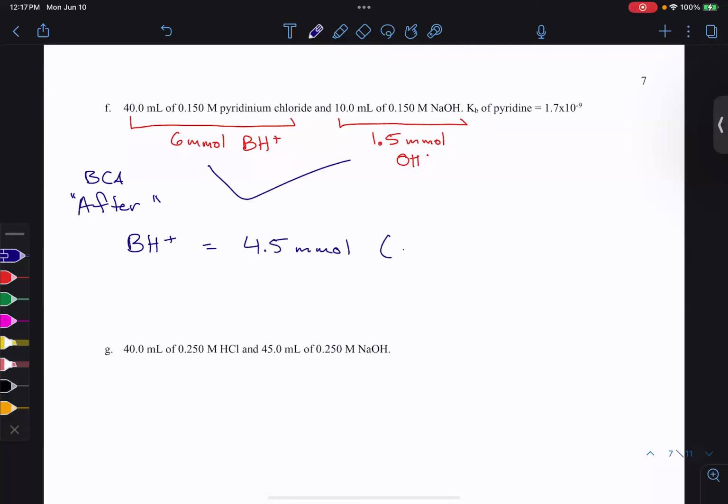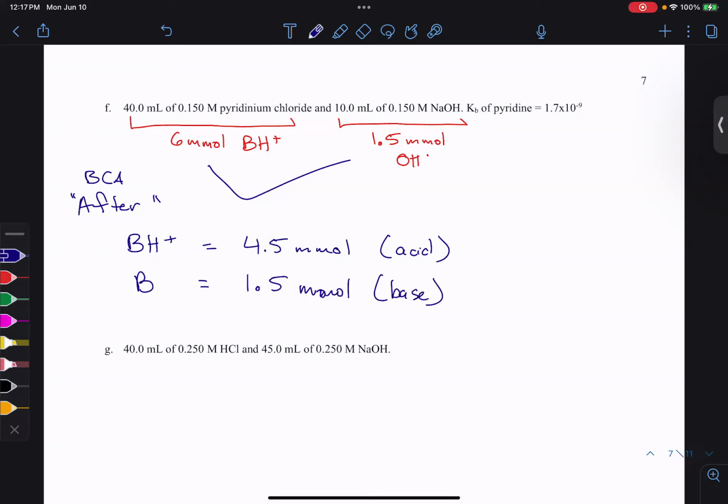So that's your acid component in the Henderson-Hasselbalch equation. Since you've added base, you've neutralized this weak acid to a weak base, and that's where you make B. So we have 1.5 of that base made, because we neutralized it. And so this is the base component.